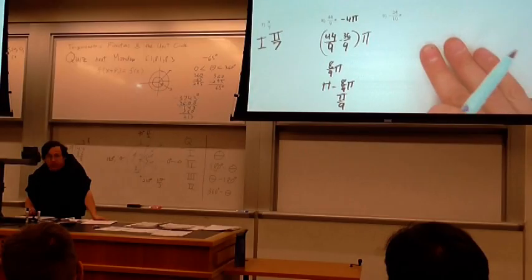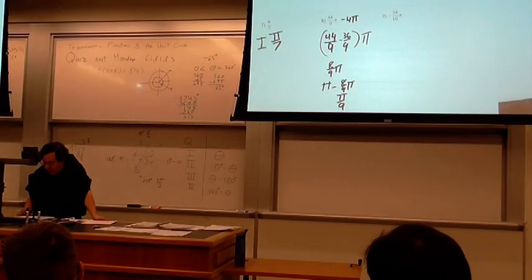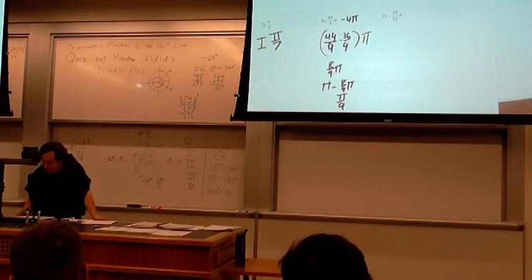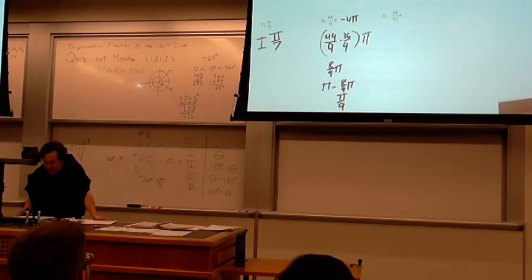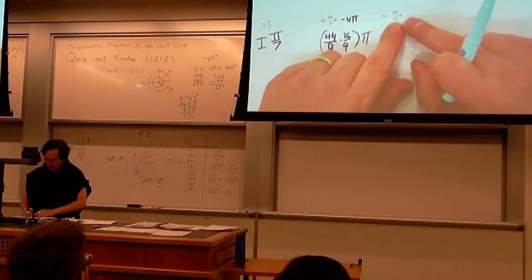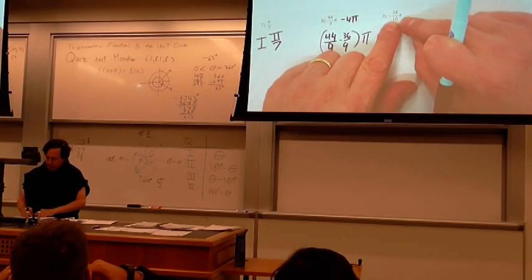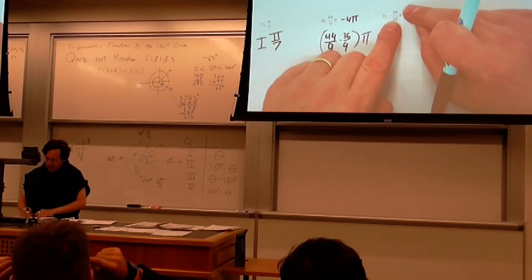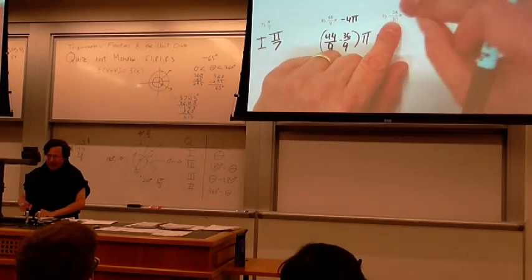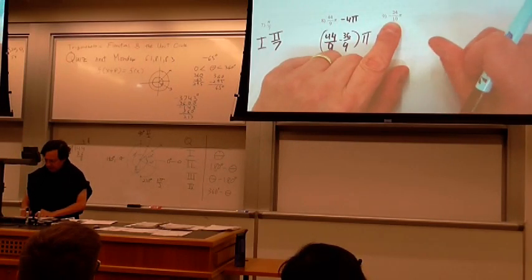Okay, let's look at the last one. Negative 24 over 10 pi. That's between negative 2 pi and negative 3 pi. So I want to add some pi's back, right?